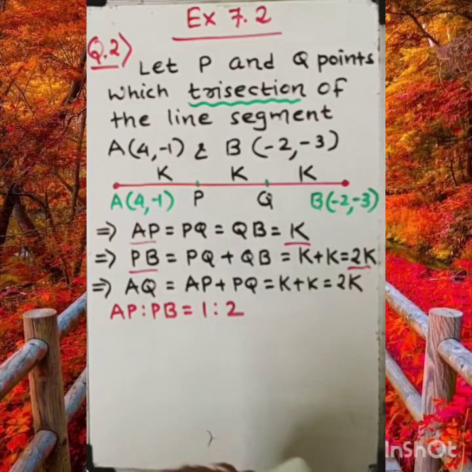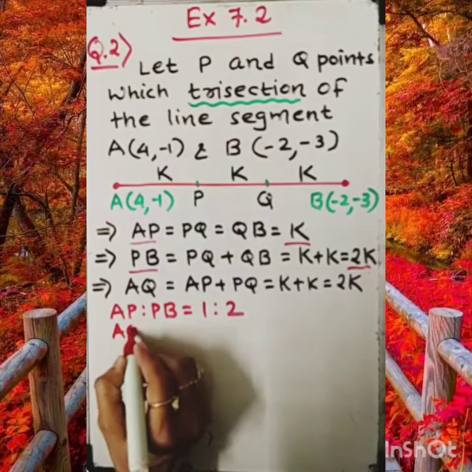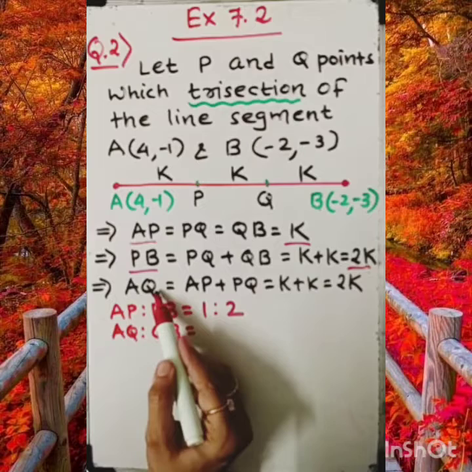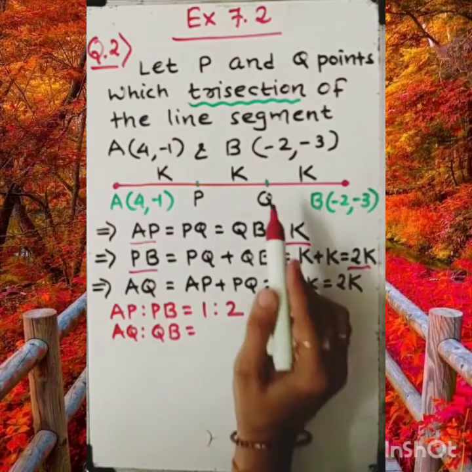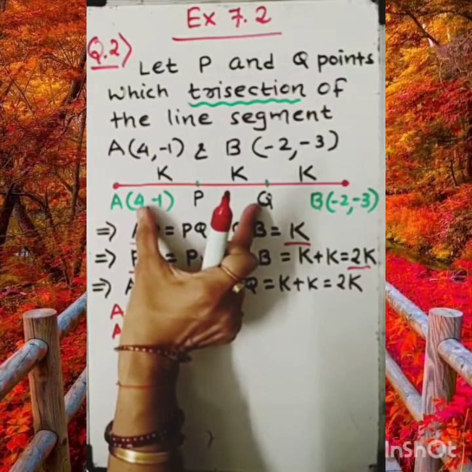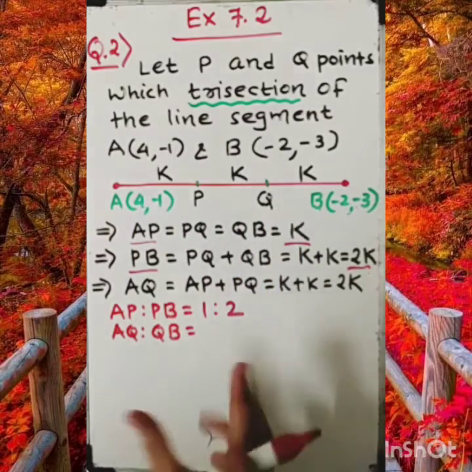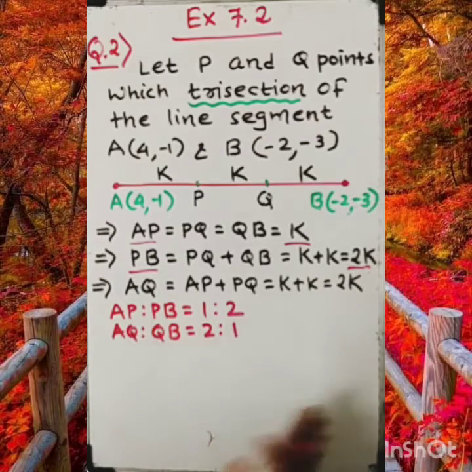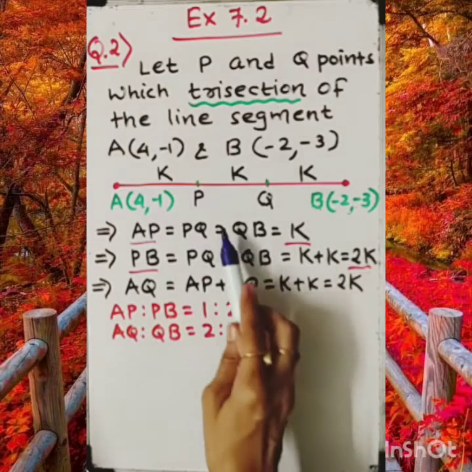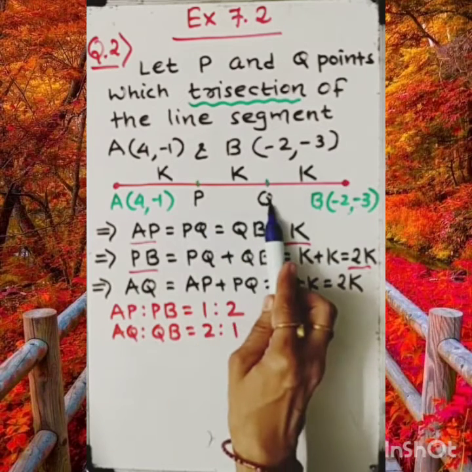Similarly, AQ is to QB: this portion is 2 parts and this portion is 1 part, so it will be 2 is to 1. This important result is needed before we proceed to find the coordinates of points P and Q.